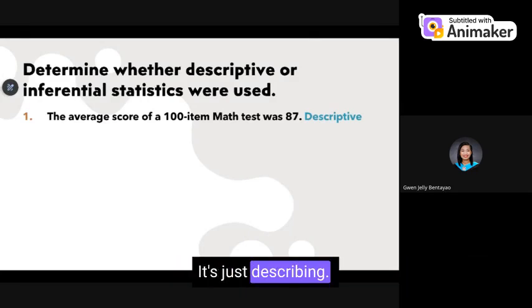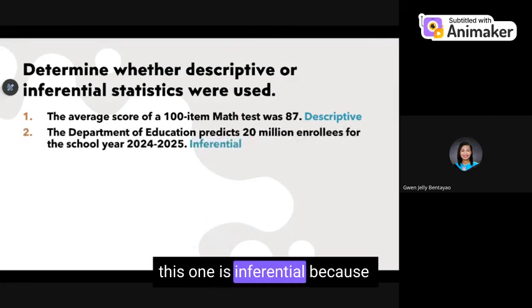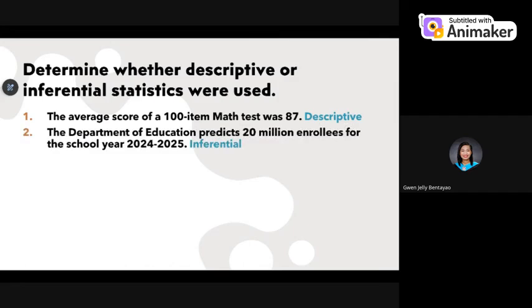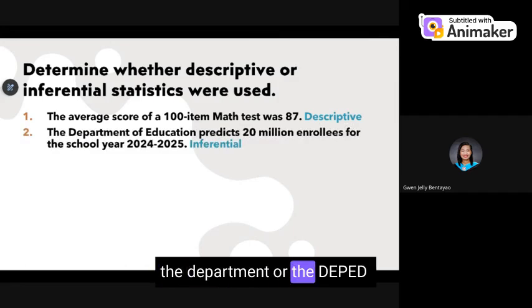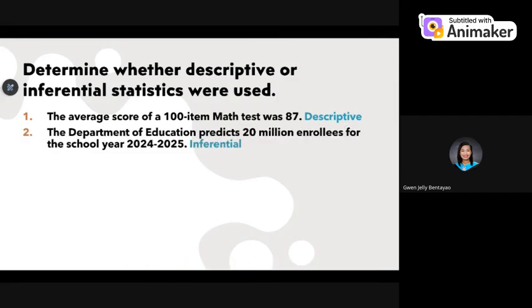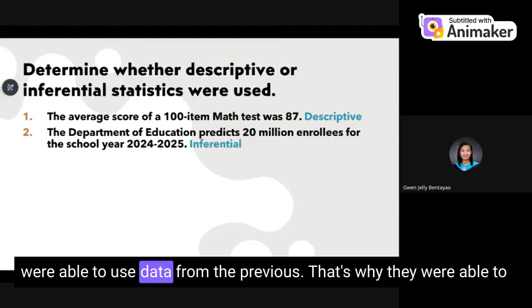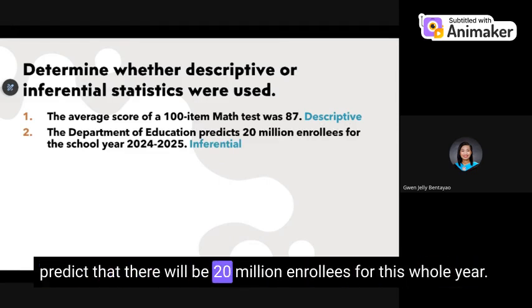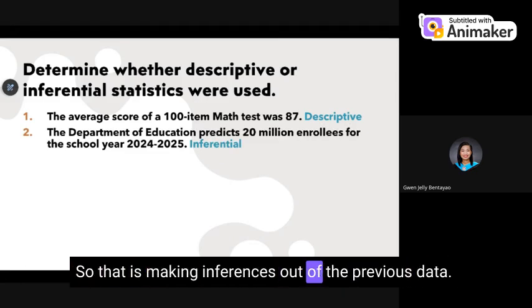It's just describing. Second one is inferential because the DepEd was able to use data from the previous years. That's why they were able to predict that there will be 20 million enrollees for this school year. So that is making inferences out of the previous data.